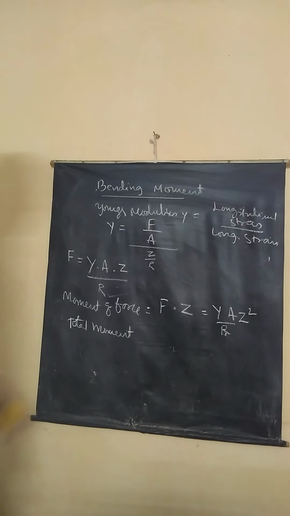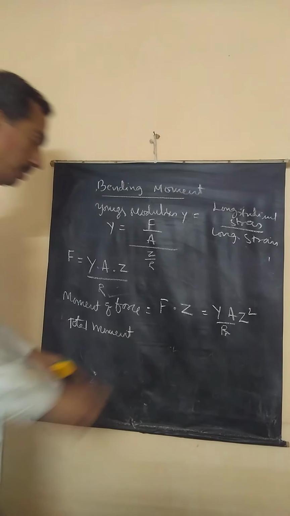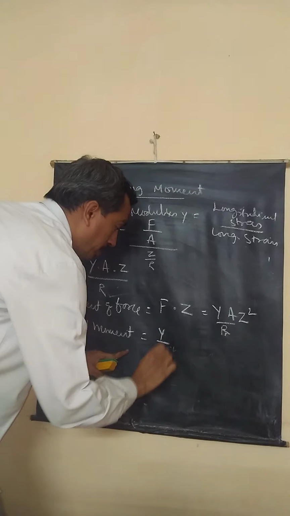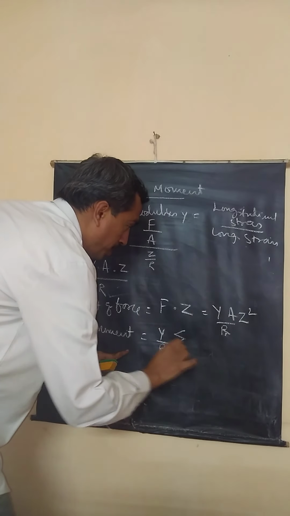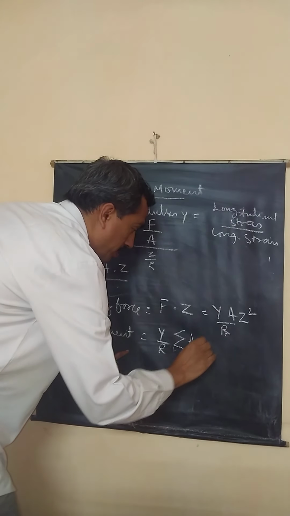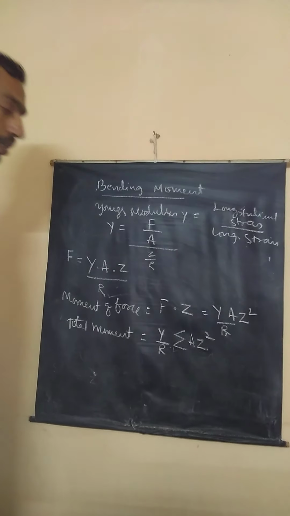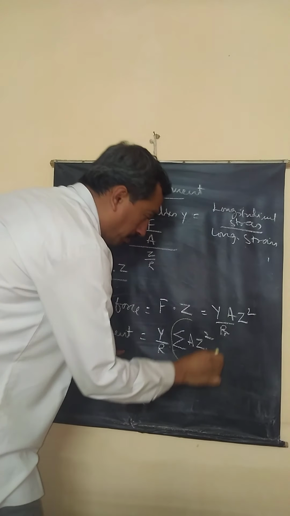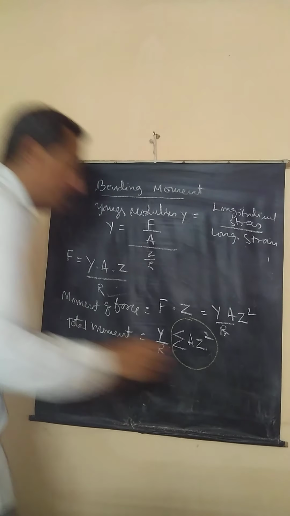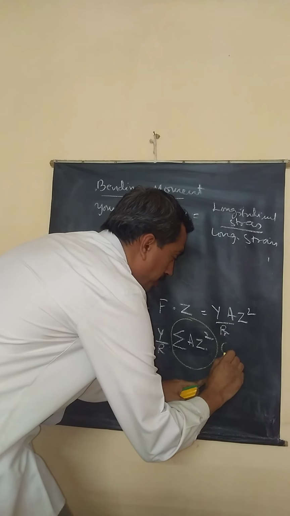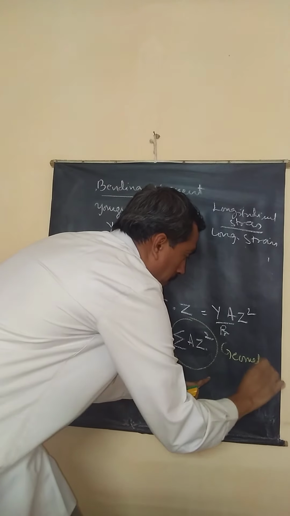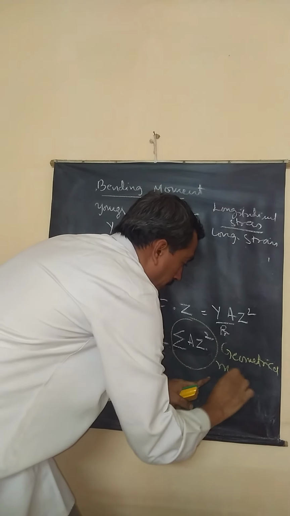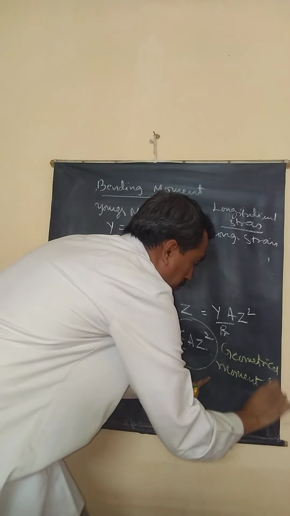Total moment in the beam. So I take out this constant and take summation of area Z square. You know what is this element called as? This term is called as geometrical moment of inertia. Geometrical moment of inertia.